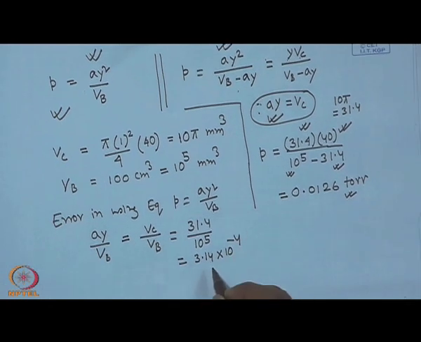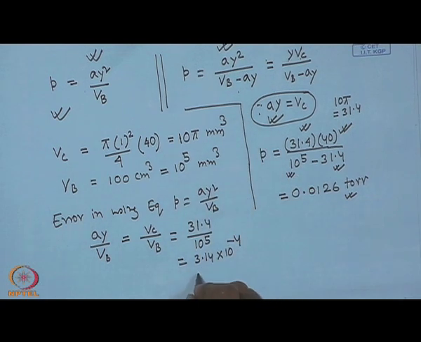So, the error we invite due to approximation is extremely small.